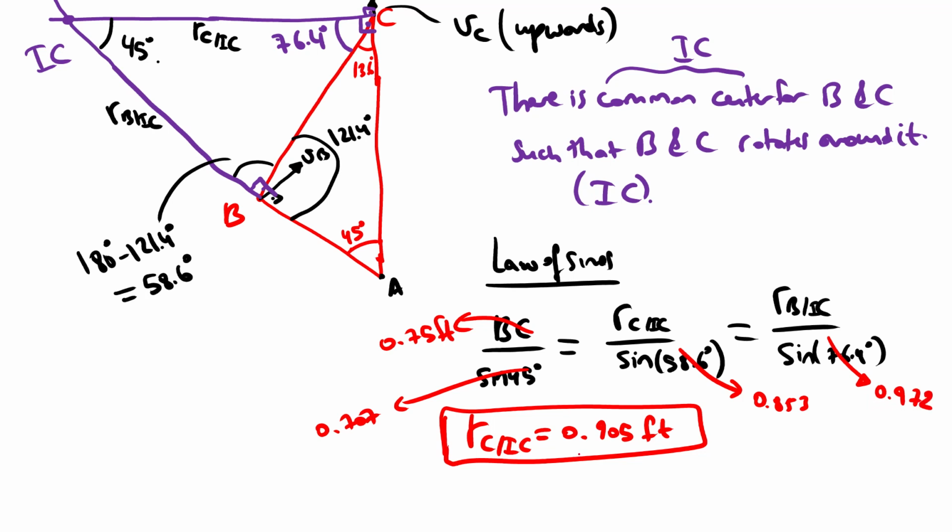This is RCIC. Similarly, RBIC will be equal to 1.03 feet. Since we have found RCIC and RBIC, and we know this length, we can find the velocities. So let's do that.